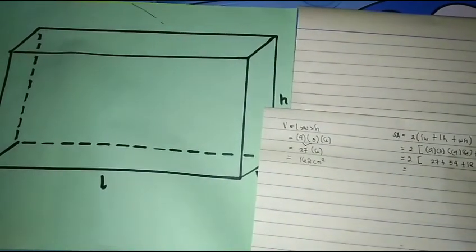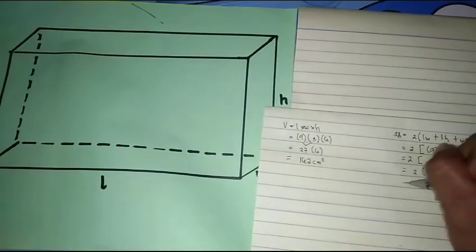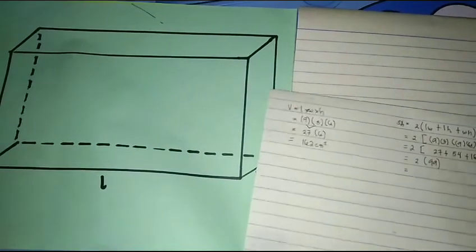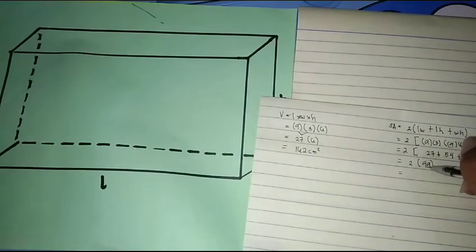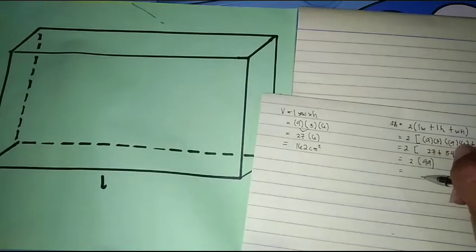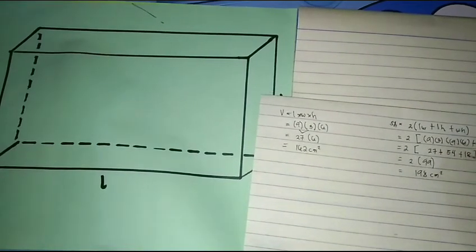To sum up, we have the value of 99. And to get the exact value of its surface area, we need to multiply 99 by 2 to get the product of 198 centimeter squared.